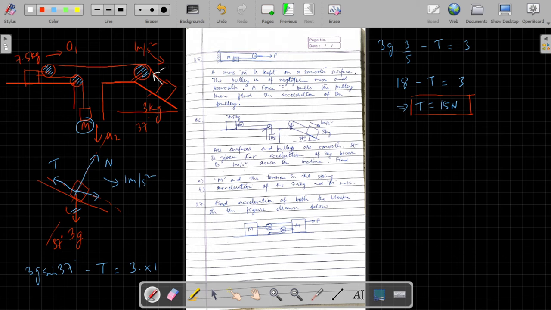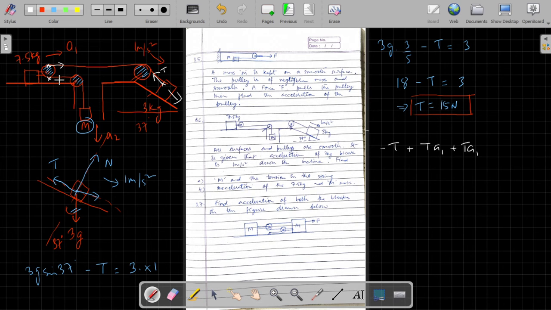tension is acting in the upward direction at this point. Acceleration is in the downward direction. So we'll say minus T times 1 plus tension T times a1 plus tension T times a1, from these points which we are considering.